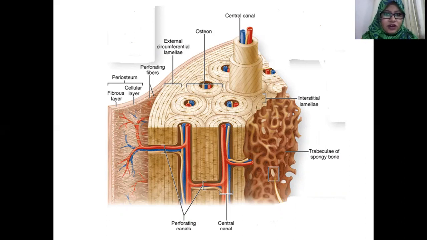This is a figure of compact bone, the microscopic structure of compact bone, where you can see this is periosteum and these are osteons or Haversian systems.